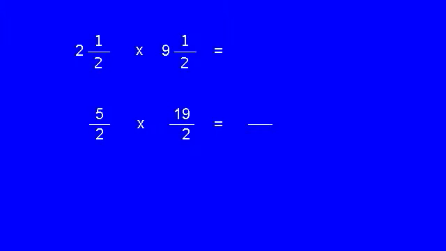Okay, so multiplying across, and okay, so now we have to simplify. 4 goes into it 23 times with 3 left over, and those pieces are fourths.